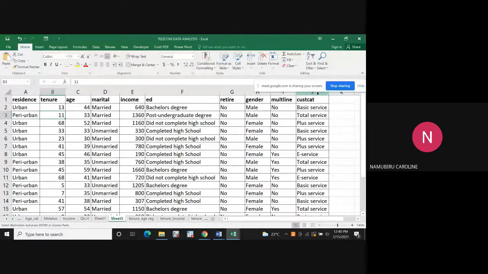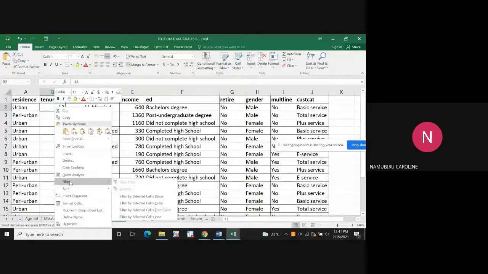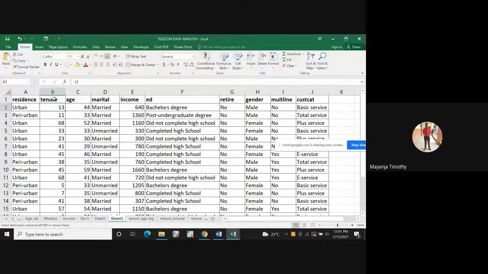When you click on the filter, the option is going to pop up. I hope yours has the filtering option. Yes, we have it.